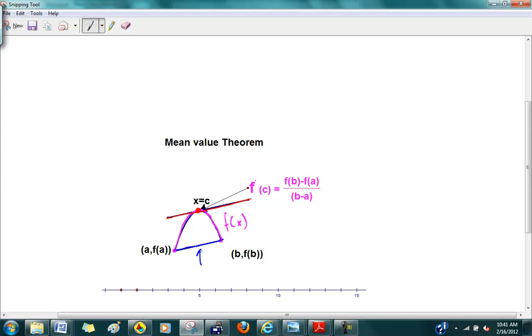Okay, so this is your secant line that joins the 2 points a comma f(a) and b comma f(b). So that's pictorially, and mathematically this is what it means.